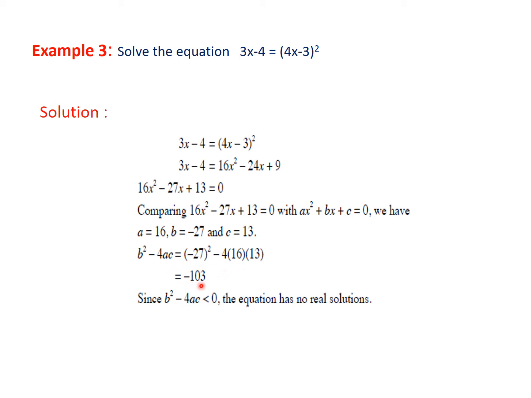This is important thing here. We get here minus 103 as answer for a discriminant, which is under the radical sign. We stop solving this example further by claiming that because b square minus 4ac is less than 0, this equation has no real solutions or no real roots. We don't need to solve it further. We can stop it by claiming that roots are not real in this case.